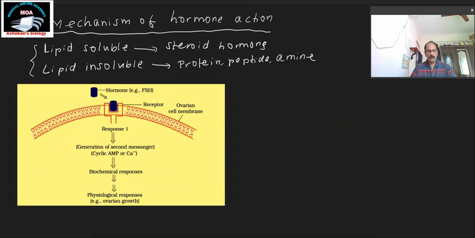Okay. In the 11th standard we studied the structure of the plasma membrane. Plasma membrane containing more lipids. The major part of the plasma membrane is lipid because it is made up of the lipid bilayer.